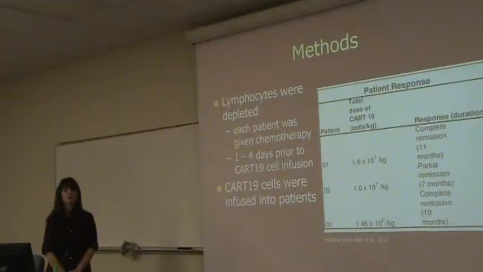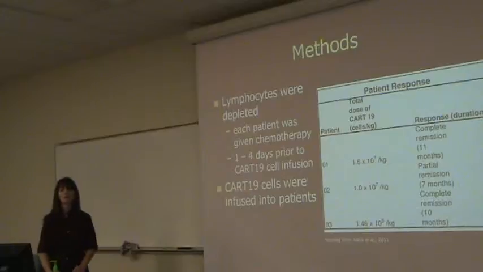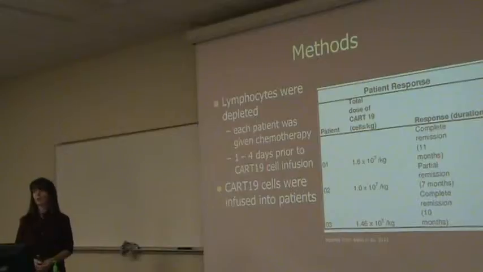So the method that was used prior to infusion with these CART19 T cells: each patient was given a single round of chemotherapy a week prior to their infusion. And this was to deplete the remaining lymphocytes in their blood, so that when they were infused with these genetically altered T cells, they had a clean slate to start from.